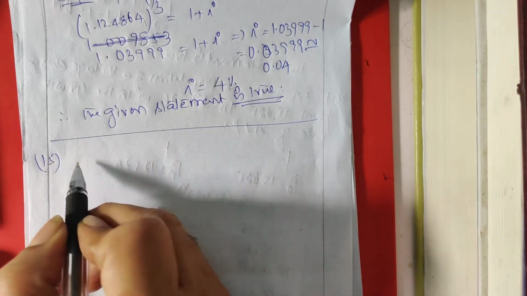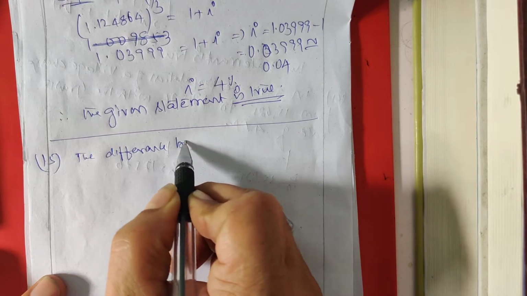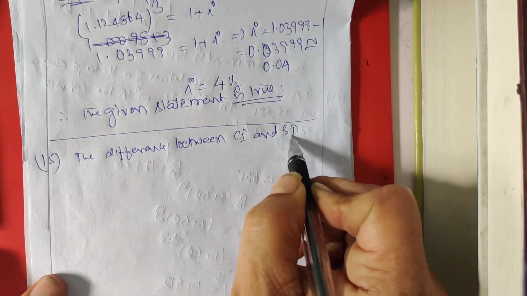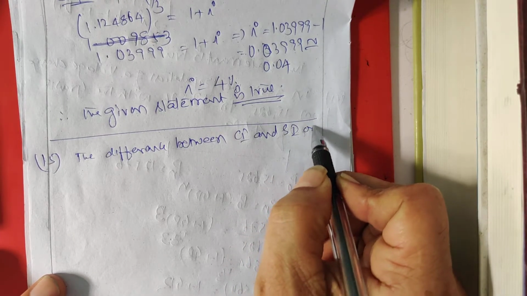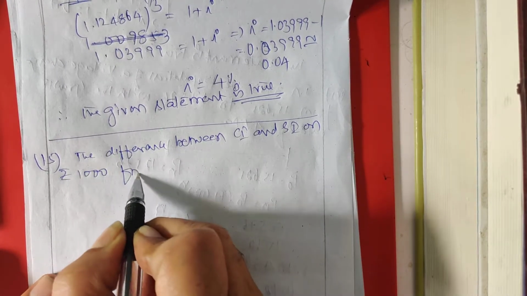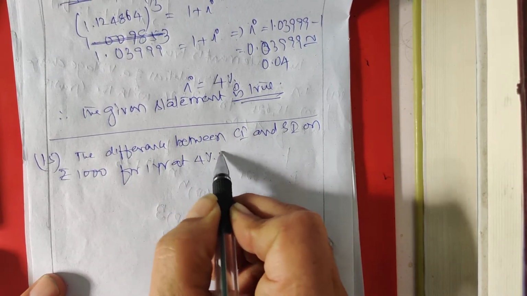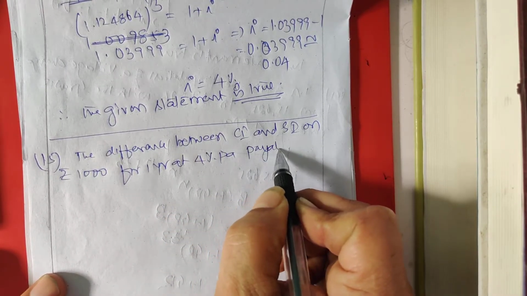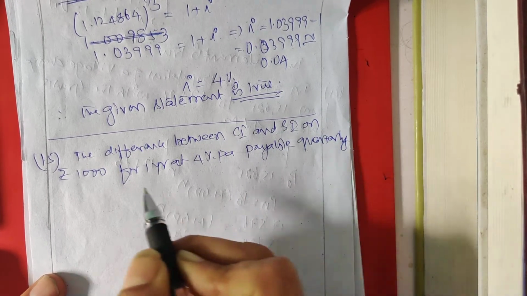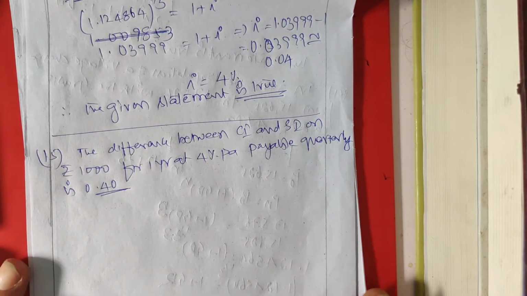The difference between CI and SI on rupees 1000 for 1 year at 4% per annum, payable quarterly, is 0.4. This you have to verify.